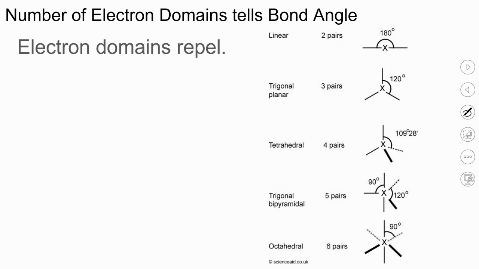If we're looking at the molecule, we're only looking at the hydrogens and the oxygen. We ignore the lone pairs. And then you can read this chart. We're at tetrahedral, but we have 2 lone pairs, and we're looking at the molecular geometry. This is bent. So when we're looking at the molecular geometry, we ignore the lone pairs, and we have to figure out what the geometry is based on only the atoms.